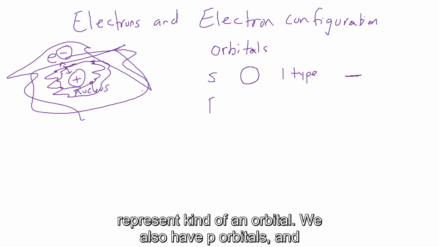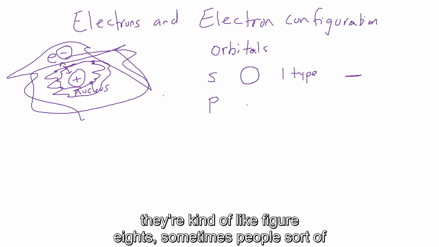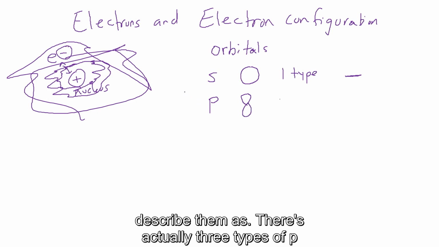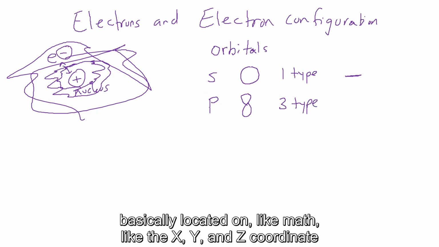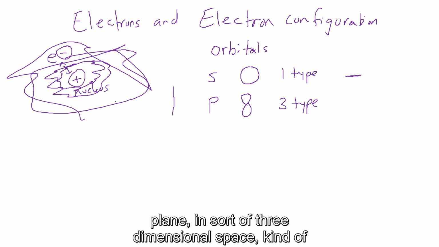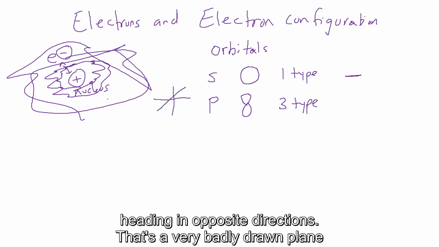We also have p orbitals, and they're kind of like figure eights. There are actually three types of p orbitals: a px, a py, and a pz orbital. They're basically located on the x, y, and z coordinate plane in three-dimensional space, heading in opposite directions.